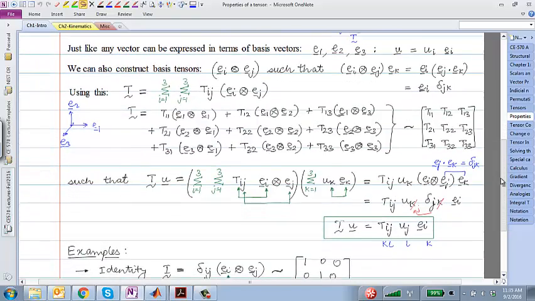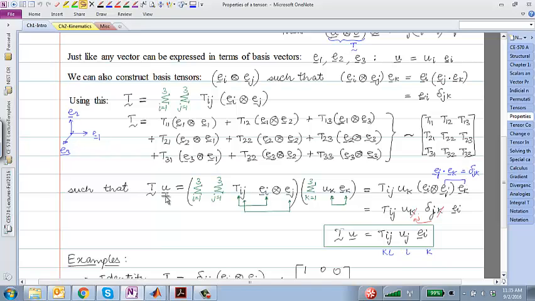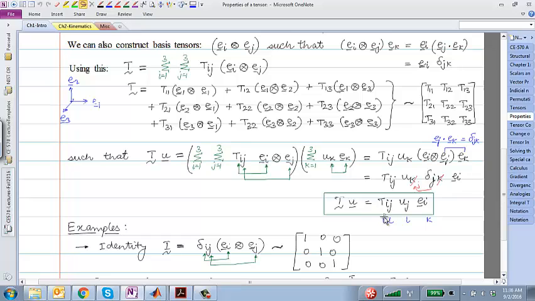And we saw that the way a tensor acts on a vector can also be represented in terms of components, where this entire thing was the tensor expressed in its tensor basis, and this is the vector expressed in its vector basis. When we multiply all of this out, we get T_ij U_j, and note that j is repeated, so there is a sum on j.